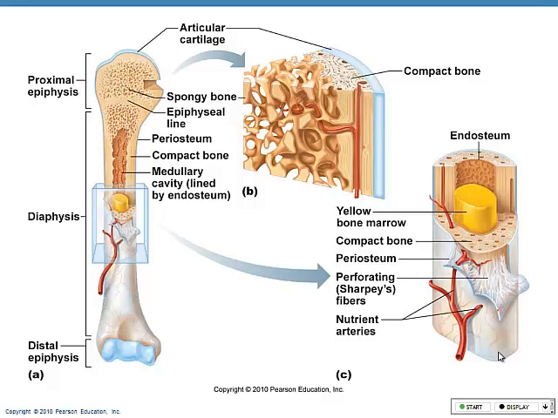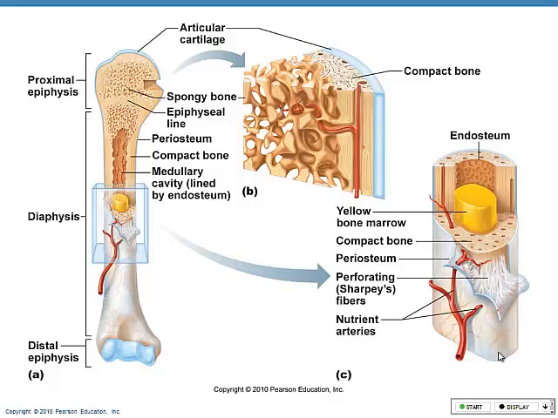It looks like little tree rings almost in the way it grows. And then we have stuff called spongy bone or trabecular bone. That tends to be at the ends of long bones, and we happen just to be looking at a long bone here in this diagram. But when we look at flat bones, we're going to see a combination of the both. And again, my description of bone sandwich, compact bone on the ends, spongy bone in the middle.